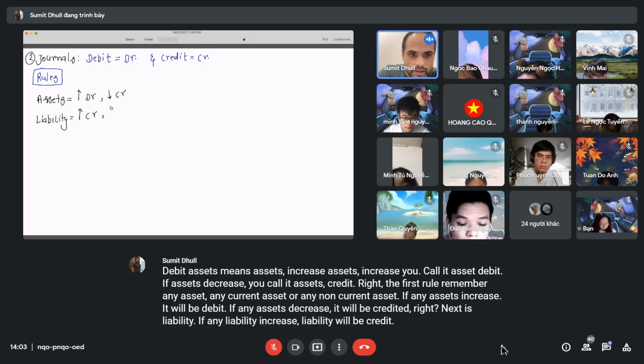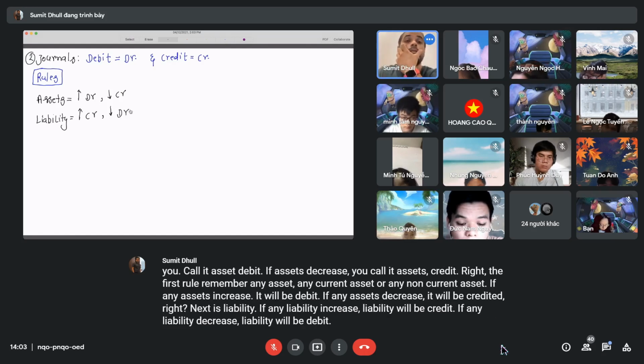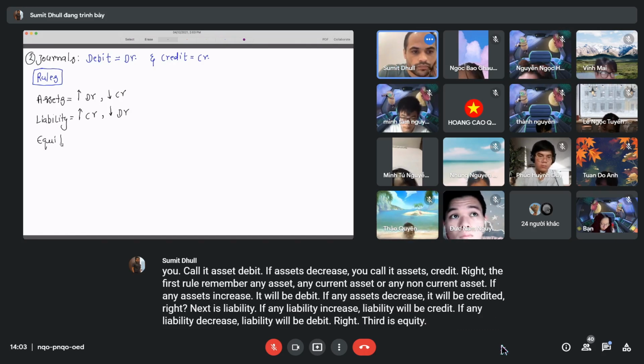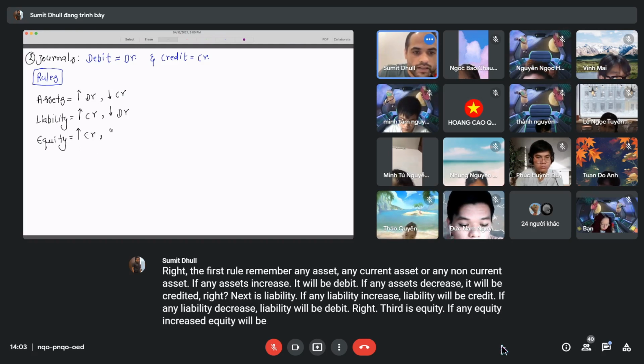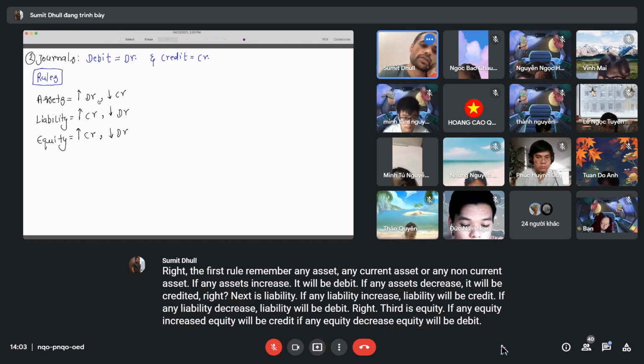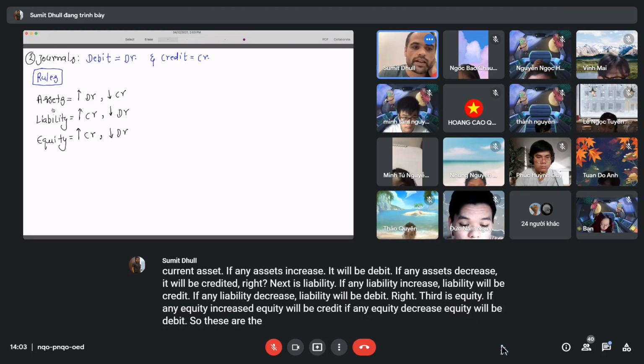If any liability decreases, liability will be debit. Third is equity. If any equity increases, equity will be credit. If any equity decreases, equity will be debit. So these are the debit and credit rules for assets, liability, equity.